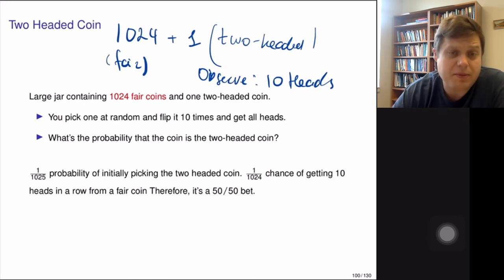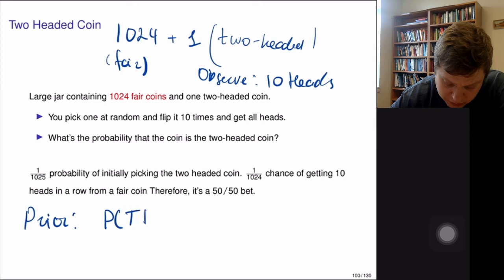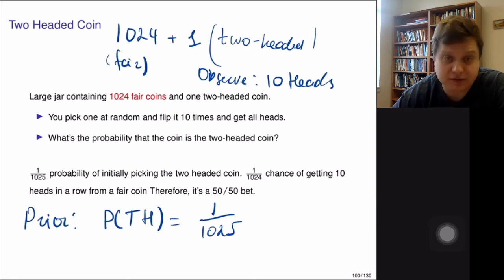Well, you remember we picked randomly, so the prior probability of picking a two-headed coin is very low. The prior was the probability of a two-headed coin. There is only 1 out of 1,025, so it's a very, very low number.